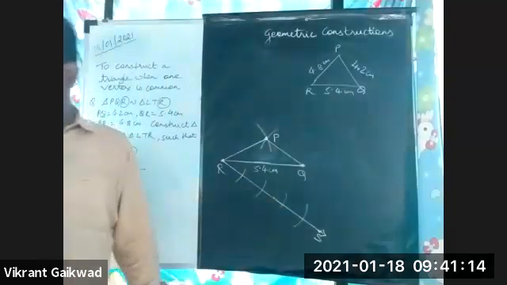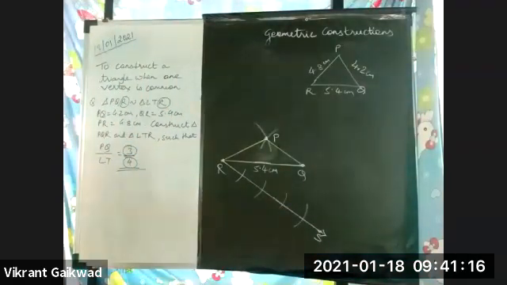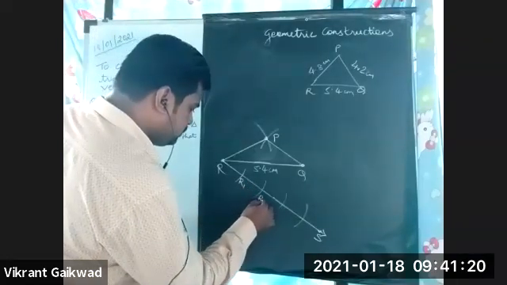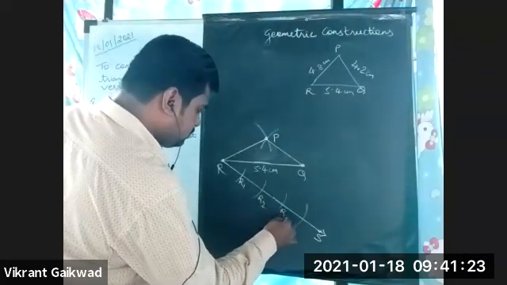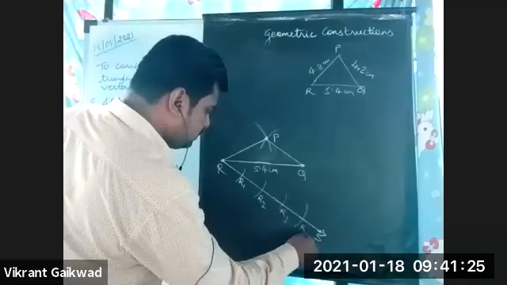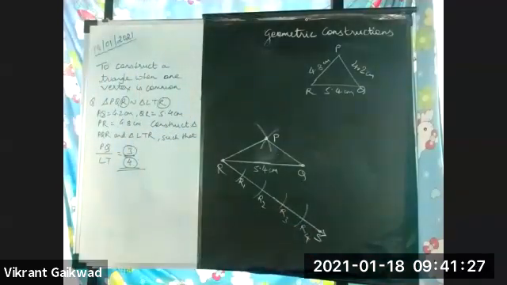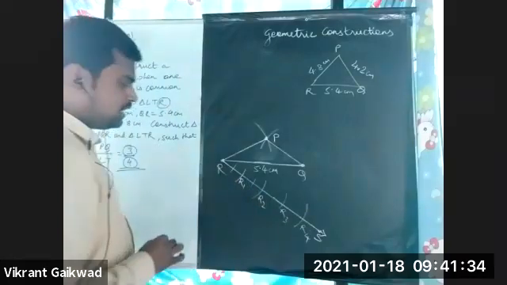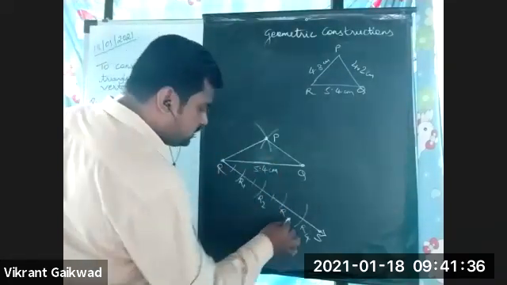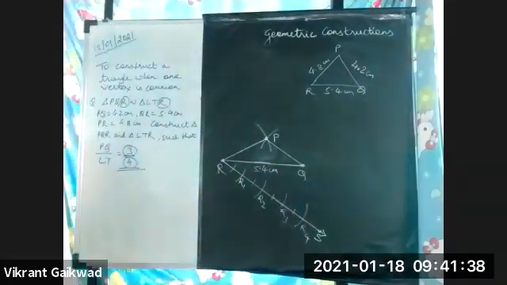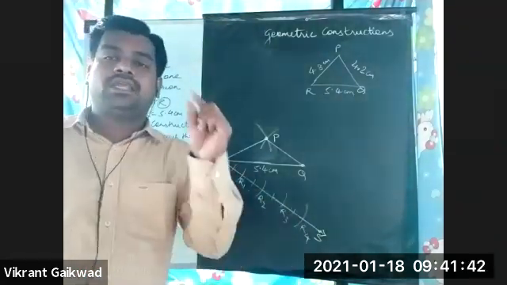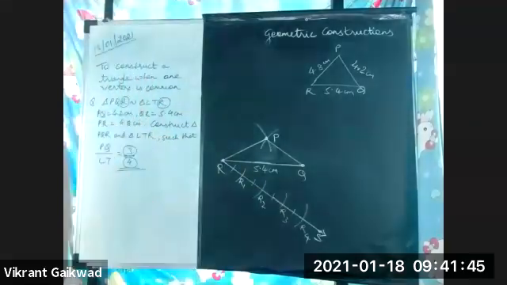I've taken these distances such that R to R1 equals R1R2 equals R2R3 equals R3R4. All these distances are equal.